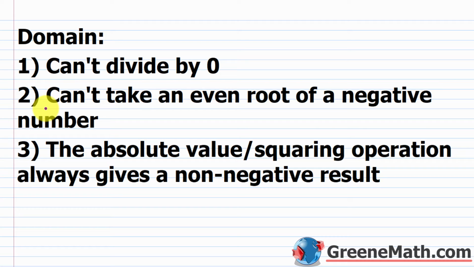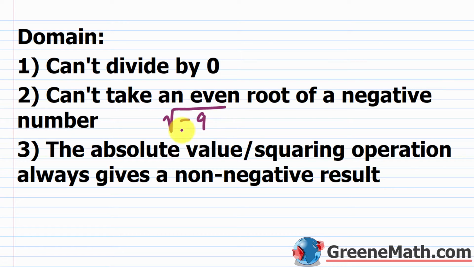The second thing is, in the real number system, you can't take an even root, so a square root, fourth root, sixth root, something like that, of a negative number. So for example, if I had something like the square root of -9, using only real numbers, there's not a number that I could square that would give me -9, right? Because squaring something gives me a non-negative result.